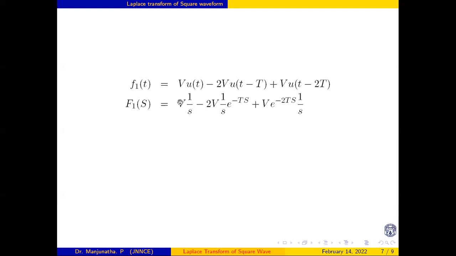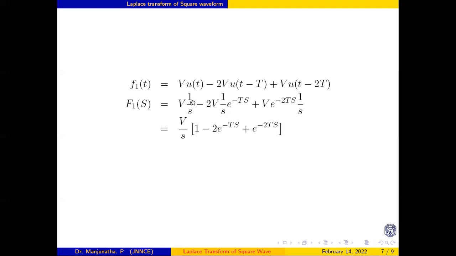So the Laplace transform of u of t, the unit step function, is 1 by s. Again 2v times 1 by s, but it is delayed by a time period of t, so it is introduced with e to the power of minus ts. And this one v into 1 by s, introduced at 2t, with e to the power of minus 2ts.